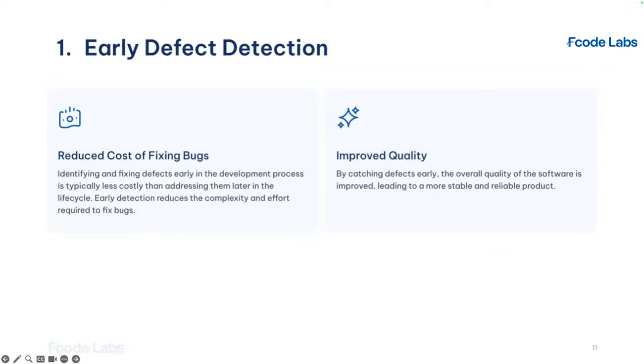That's why we need to involve quality assurance engineers and testers in the requirement discussions itself, so that they can give their opinion on how to improve the quality of your product. To reduce the cost of fixing bugs, we can identify and fix defects early in the development process.